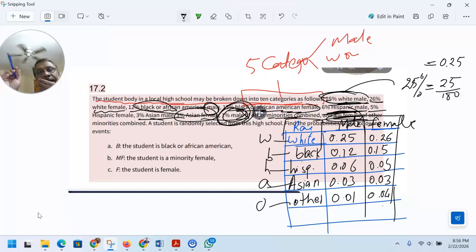And the question asked, once we have this, if a student is selected, what's the probability that the student is black? Black basically means this piece, so you have to add male and female.